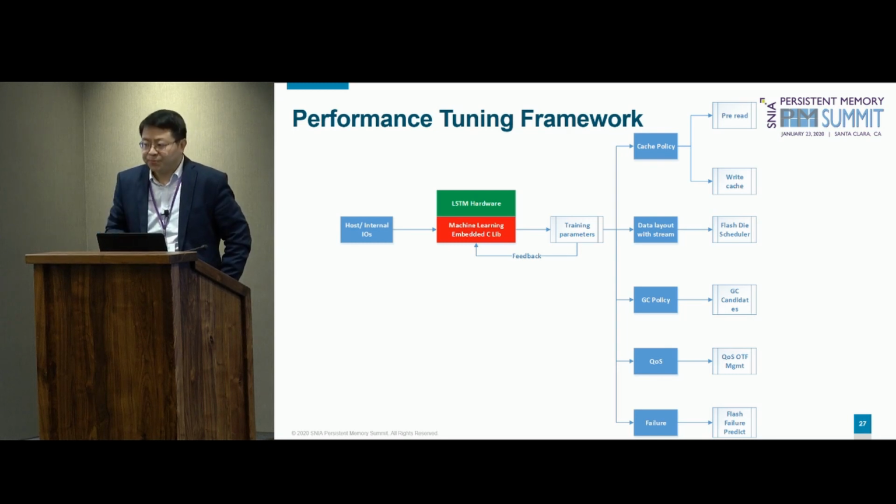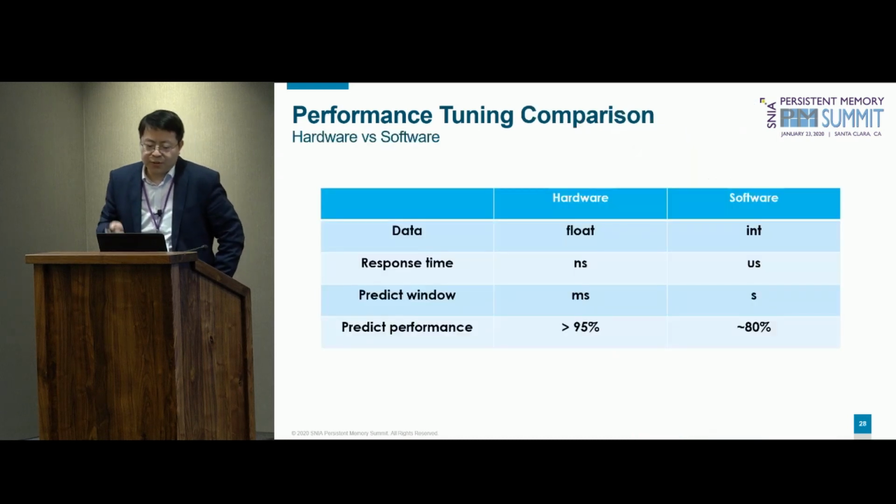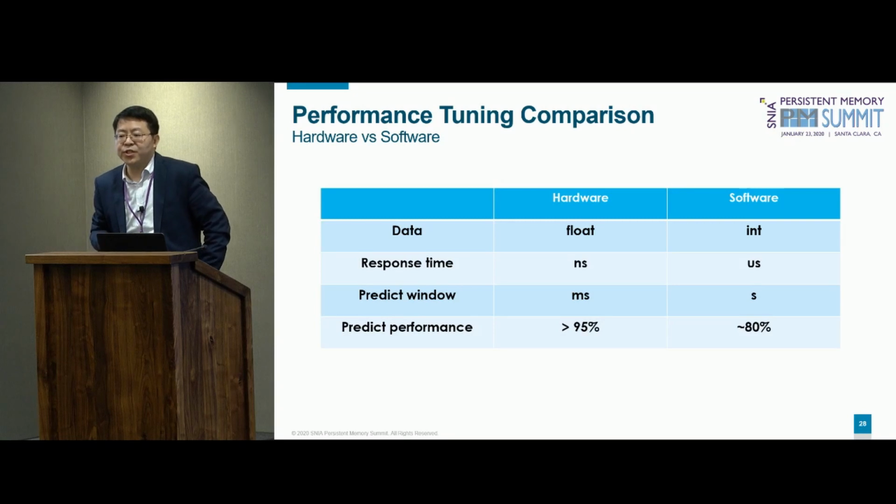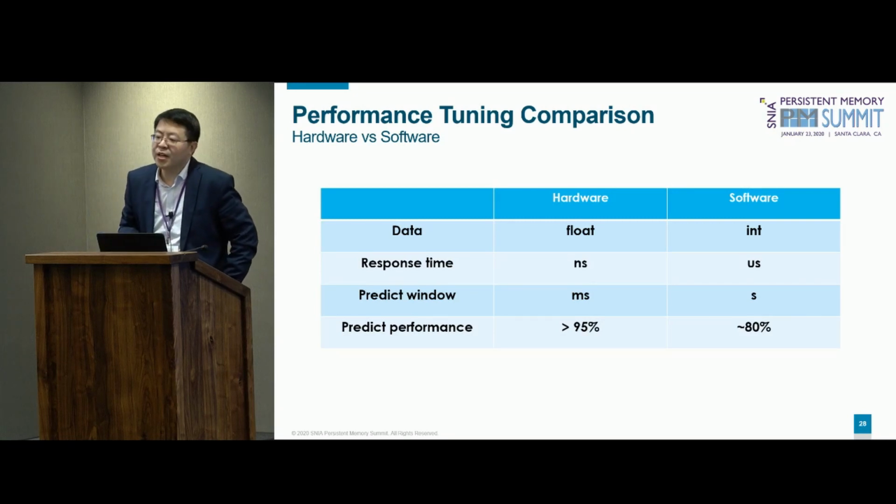So they are separate. We need either of them to do the prediction job. As long as the device has a prediction capability, it can do a lot of things. It has a smart cache policy, a smart GC policy, and also it can do on-the-fly queue management, etc. So now we have 2 effective approaches, software solution and hardware solution.